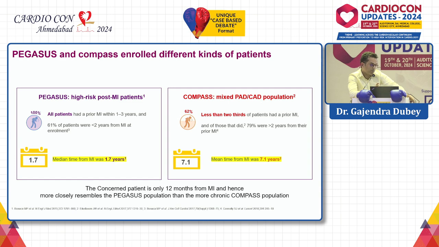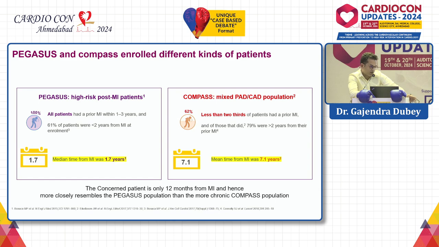So the patient population in both the trials were different, so it may not be fair to compare them with each other, although the given patient resembles more like a Pegasus trial population. So I would say that ticagrelor may be the preferred option, because in the COMPASS trial, less than 2/3 of patients had a prior MI, only 62%, and of those who had MI, 79% were more than 2 years from their prior MI.